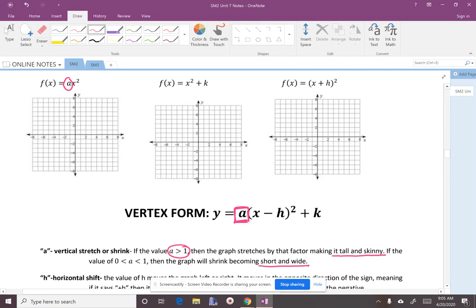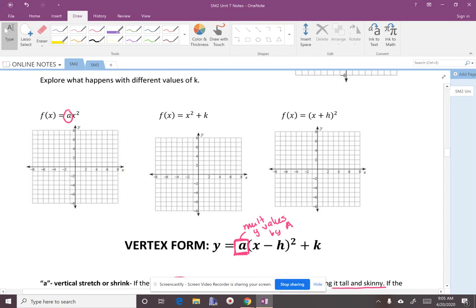So here's the cool thing. I'm going to show you what we do. If we have an A value, we are going to multiply the Y values by A. We're going to change the points. So in this example, let's say that we have y equals 3x squared.